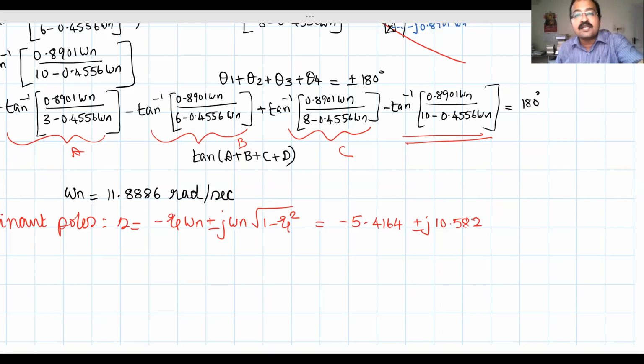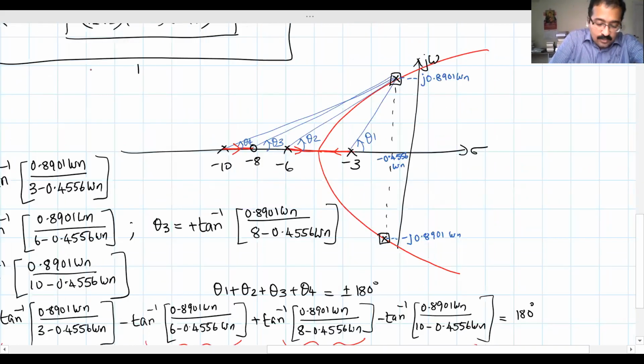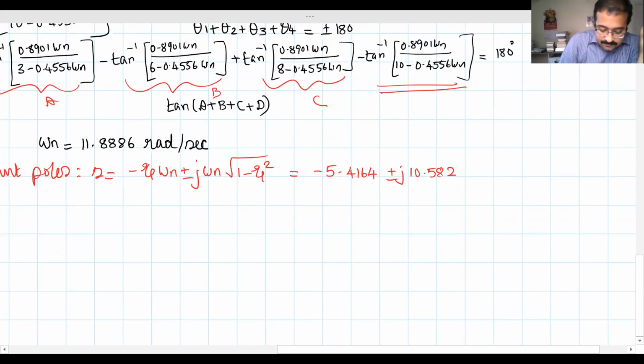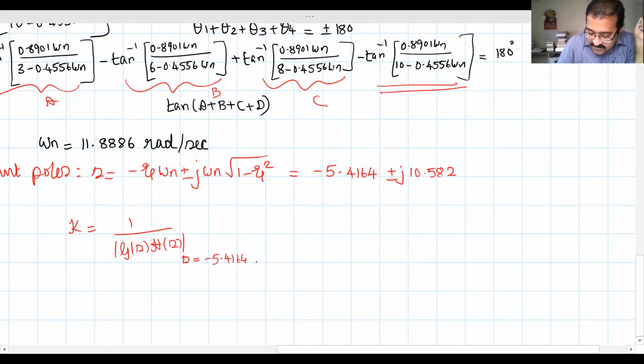Now what next? We have to calculate the unknown gain K. How will you find K? Using the magnitude condition. K is 1 divided by mod G(s)H(s) at the dominant pole pair, minus 5.4164 plus j 10.582.